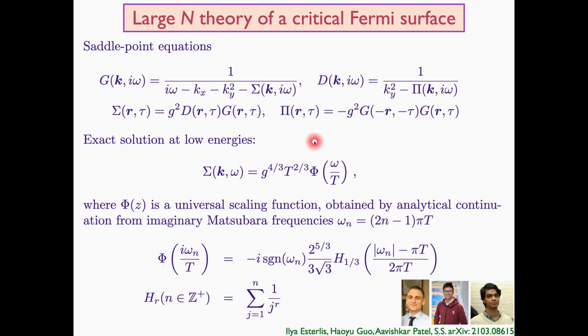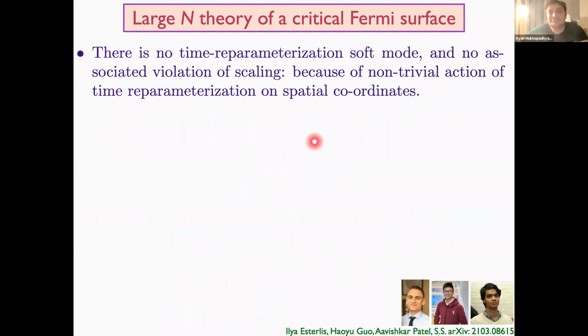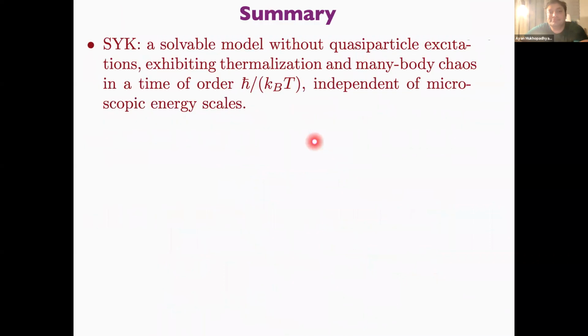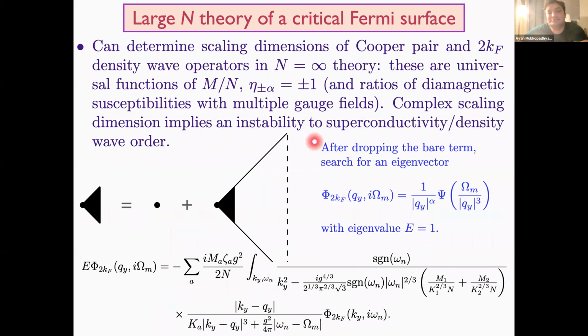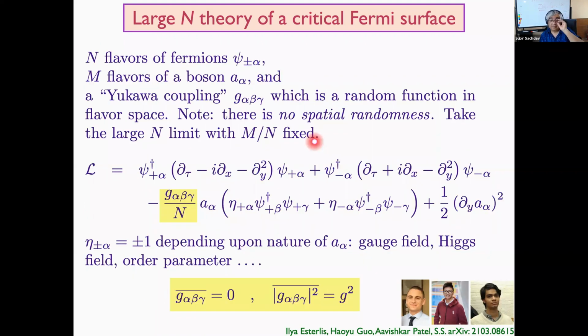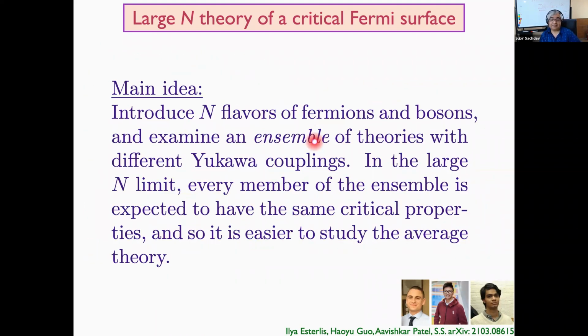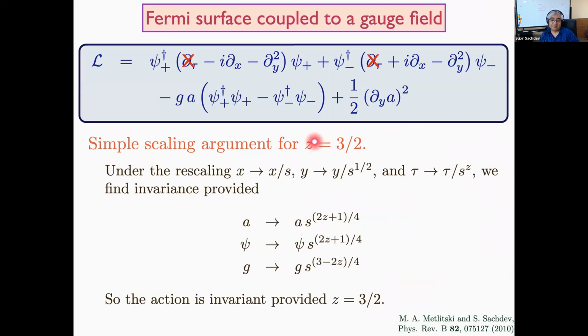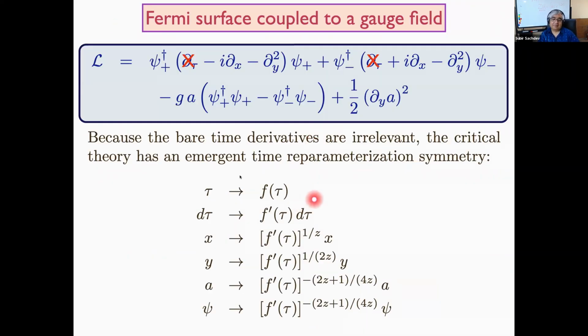Hi, you made some comment about the lack of reparameterization symmetry, right? Could you repeat that? Yes. So what happens is, formally, there seems to be a reparameterization symmetry here, where you rescale time. But you also have to rescale space by some factor of f of tau.